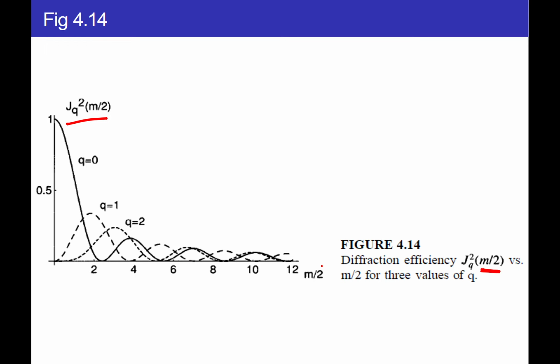So m over 2 goes like this. Remember that m was the modulation depth, so the maximum is 1, so that is the half value, and then it goes like this. Okay.